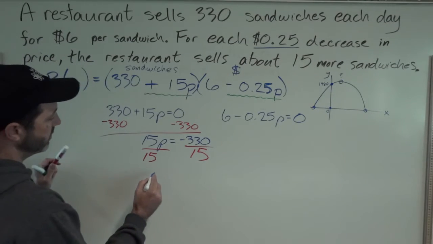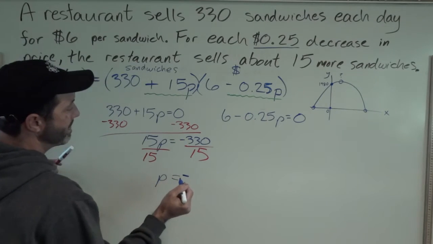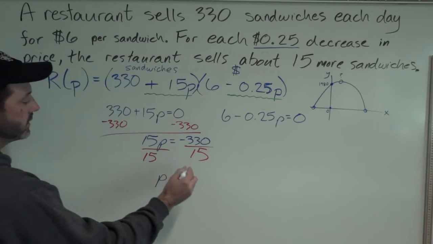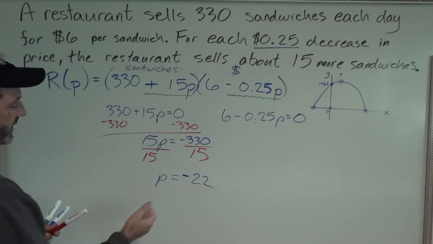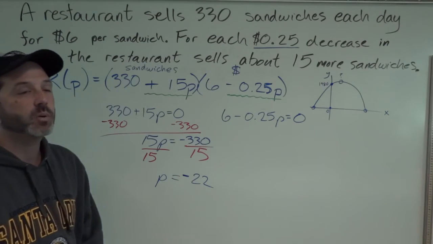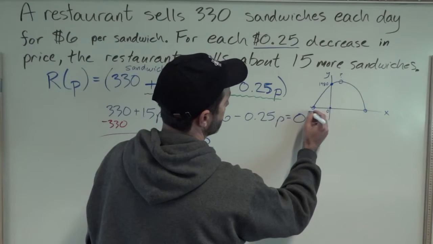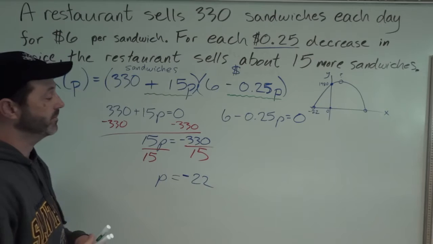Which leaves me p equals negative 330 divided by 15, 22. Okay? So that's kind of weird. I can't do negative 22 price changes. But that is one of my intercepts. And it's going to help me find the maximum.